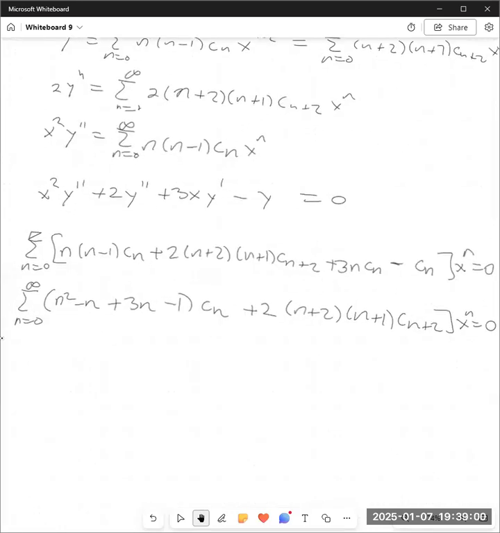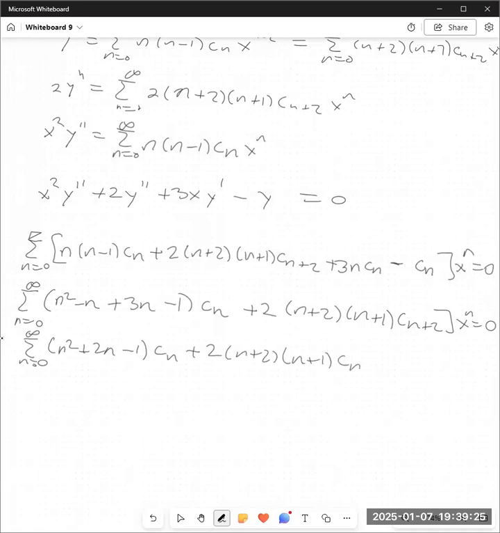That's going to be the sum from n equals 0 to infinity of n squared plus 2n minus 1 c_n plus 2 times n plus 2 times n plus 1 c_(n+2) x to the n equals 0.